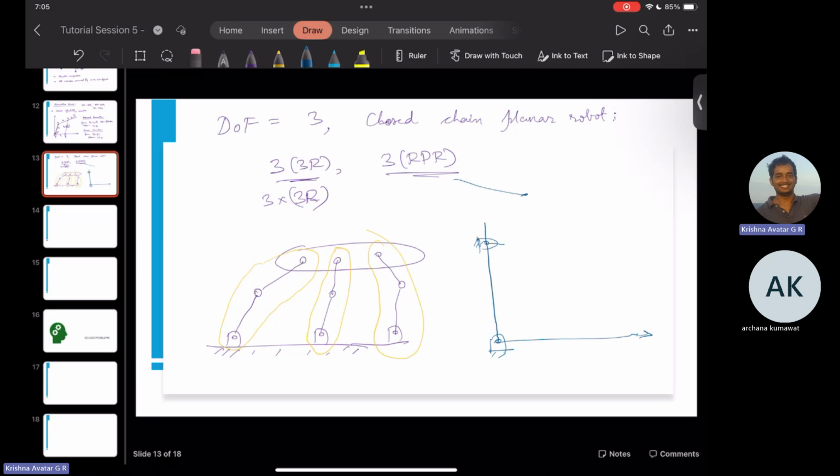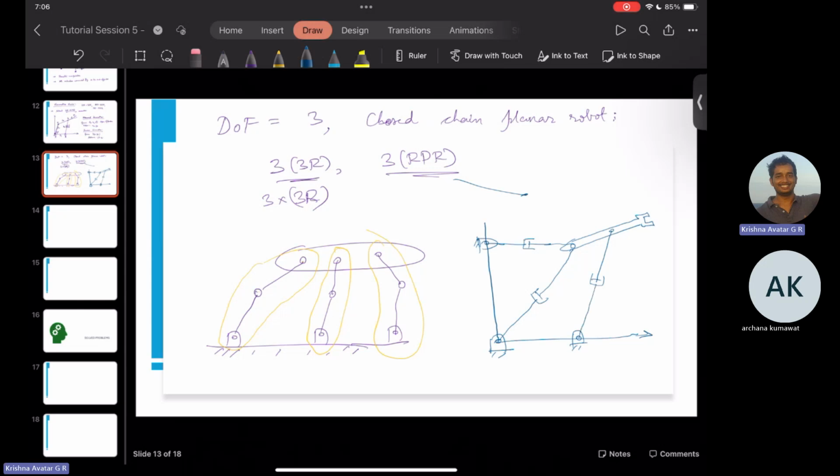So we have R, we have P, and eventually R. Likewise, R, P and R. And one more hinge here, some connecting somewhere here.